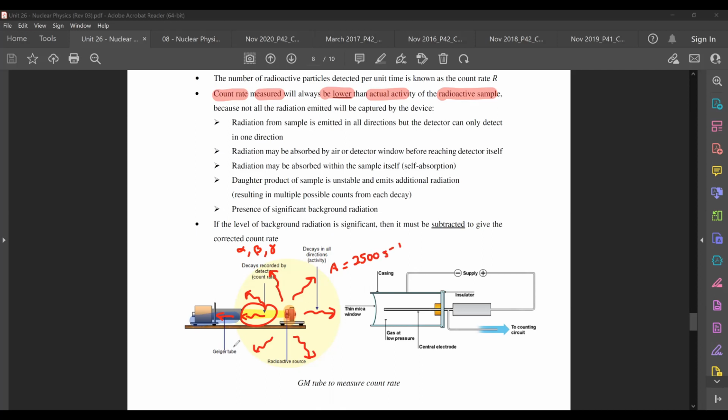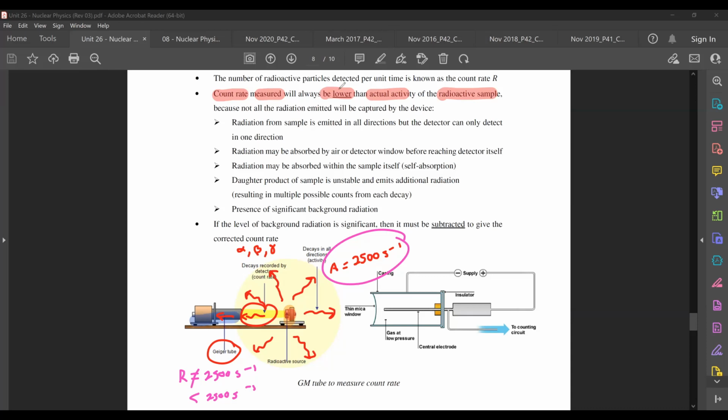When you use your Geiger-Müller tube to measure the activity, your count rate is unlikely to be the same as the actual activity. It will not be 2,500 per second. Instead, it will be less than 2,500 per second. There's a reason why the count rate will always be lower than your actual activity.